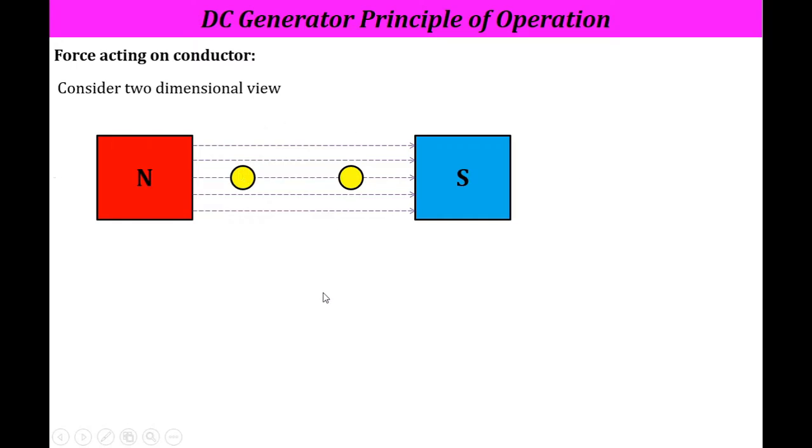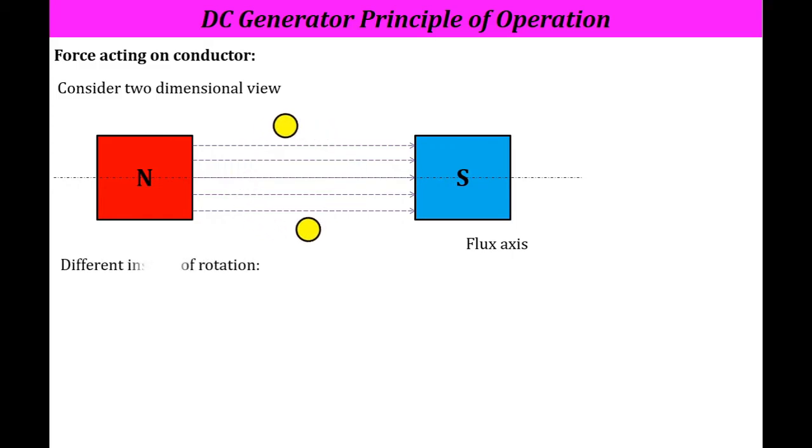Here you will observe this is the flux axis, that is the center line. Now you will observe that the conductor will start rotating. Why does the conductor start rotating? It is because the magnetic field linked is changing, and because of that the EMF, that is electromotive force, will be generated. So let's discuss different cases.